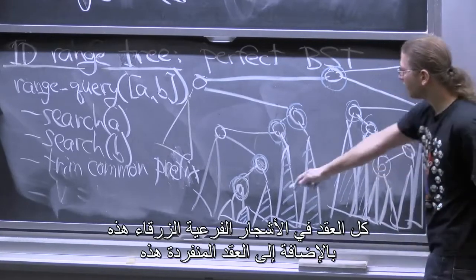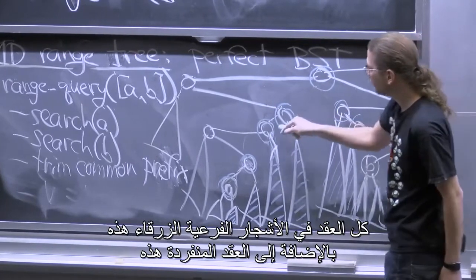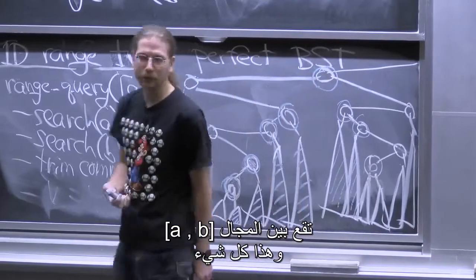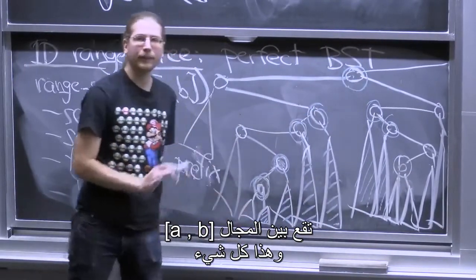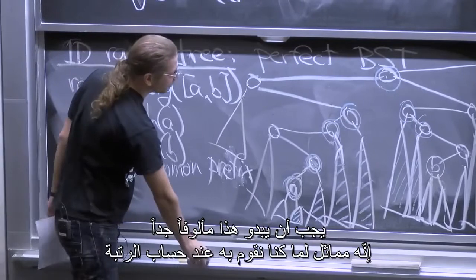Okay, all the nodes in all these blue subtrees plus these individual nodes fall in the interval between A and B, and that's it.